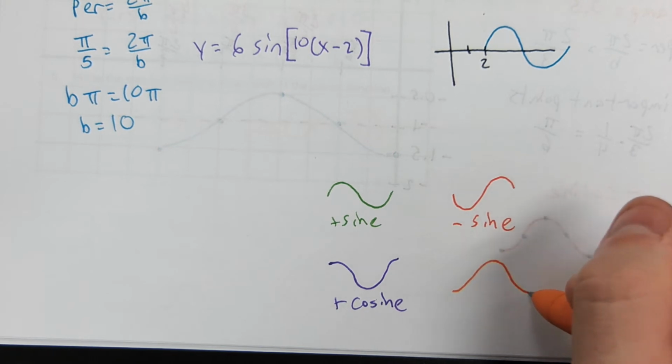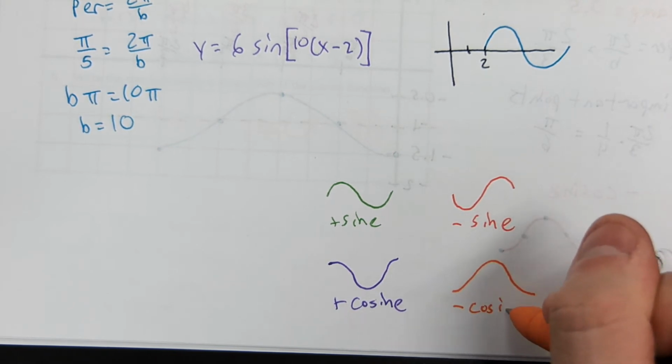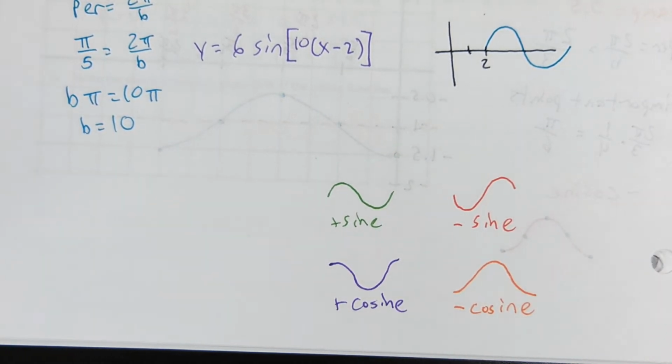Looks like this. And we just need to know those 4 shapes. So based on those 4 shapes, you know if you're dealing with positive sine, negative sine, positive cosine, or negative cosine. You guys said sine, so the way I drew it was positive sine, because that was just the easiest thing to do.